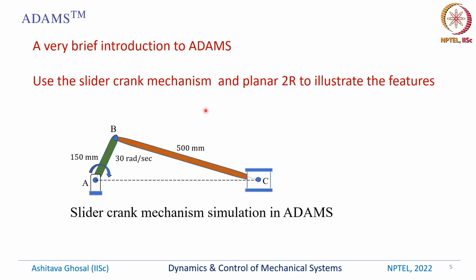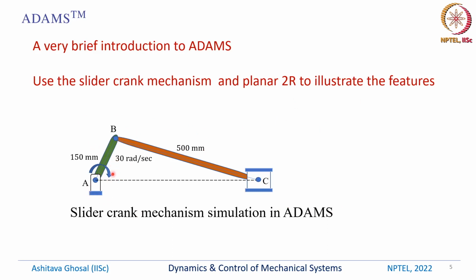We will use this slider crank mechanism and a planar 2R to illustrate the features. We will miss many of the features, but nevertheless it will give you a flavor of how we can model this slider crank mechanism or the planar 2R which we have discussed earlier, and then simulate them. So basically, what is a slider crank mechanism?